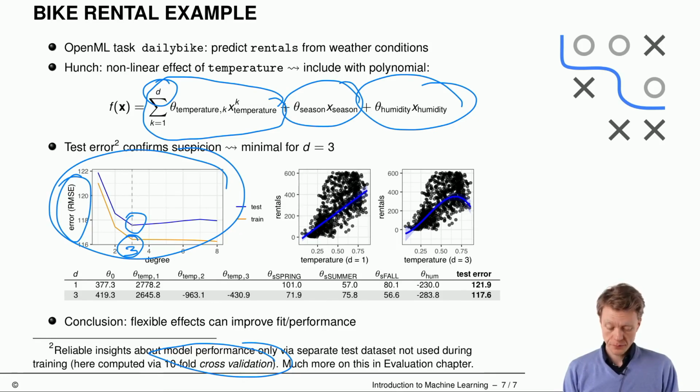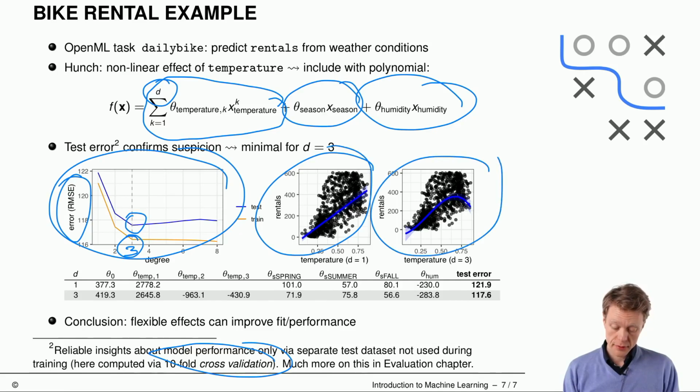And you can see on the right-hand side the two estimated functions of temperature to predict rentals. And from the data points, to be honest, I wouldn't really be able to judge if D equals 1 or D equals 3 is better, because there are just so many points.